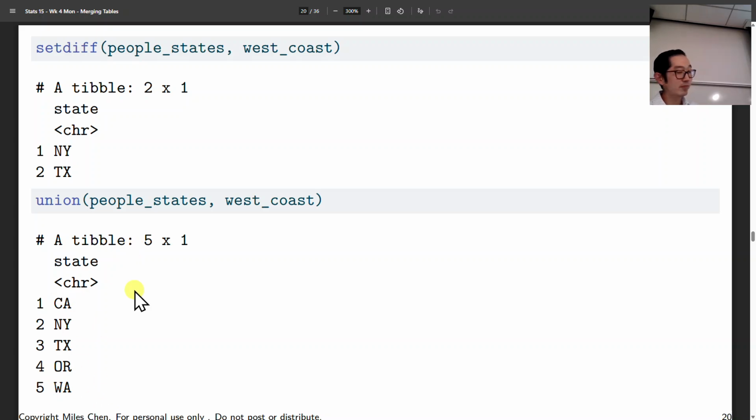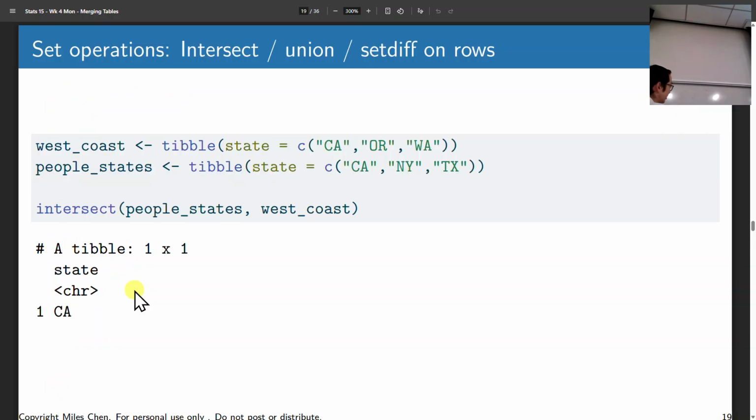So this part is the set diff, and this is the intersect. This is set diff, and then everything is the union.